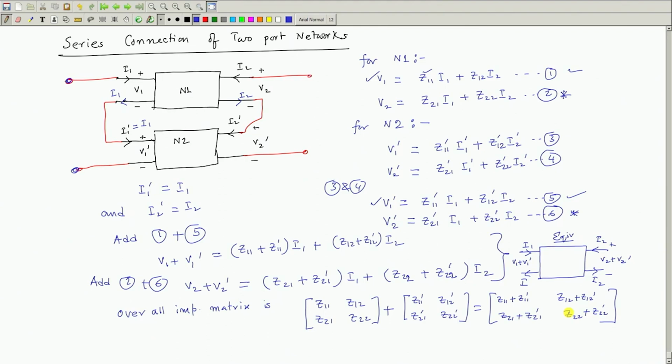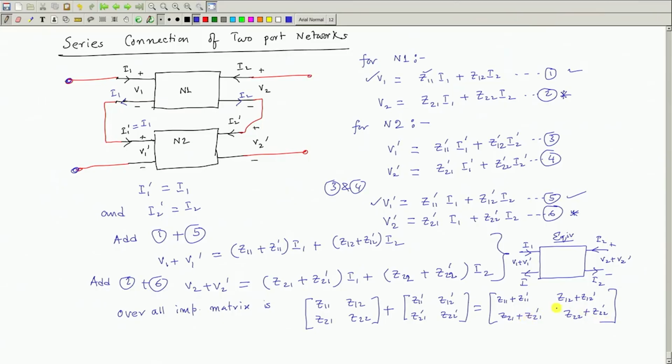Perhaps for series connected two port networks, it will be easier if you represent it in the form of Z matrix. What it will turn out to be in admittance or H parameters, we can find out, but it will be complicated. After all, once you have found this, you always know how to translate the parameter values in terms of ABCD or Y parameters or H parameters, because each of these representations is related to the others, provided the determinant is not equal to 0.